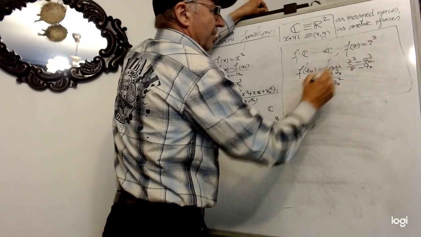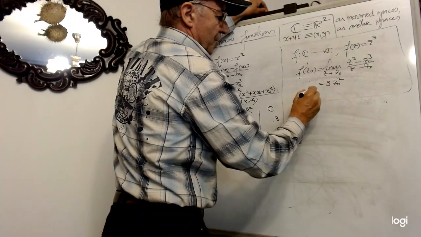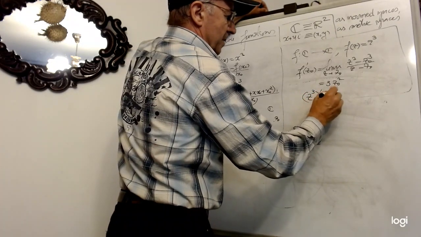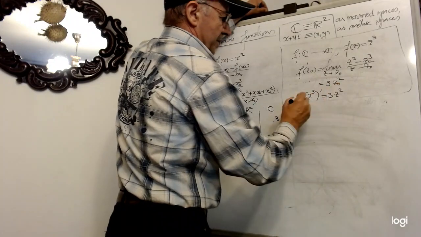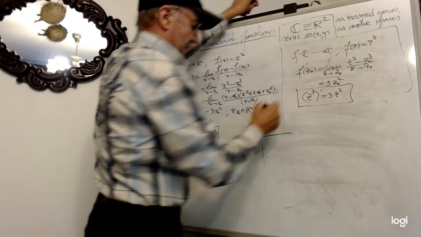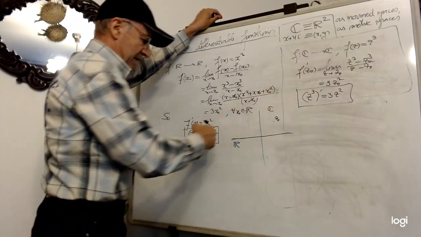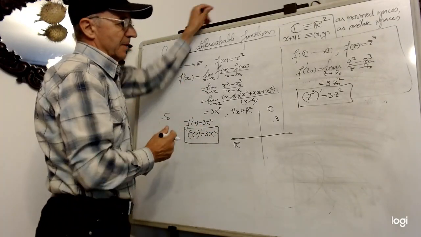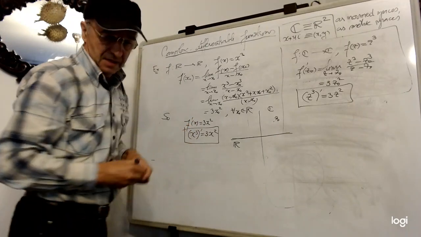So for the function z cubed, the derivative is 3 times z squared, a formula which extends this formula from real analysis.